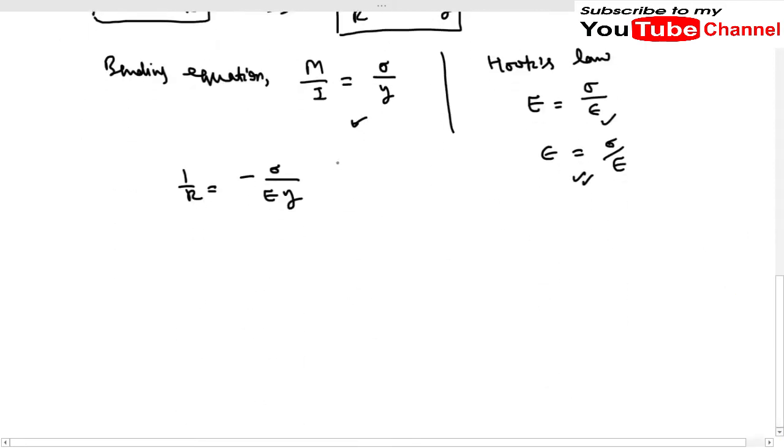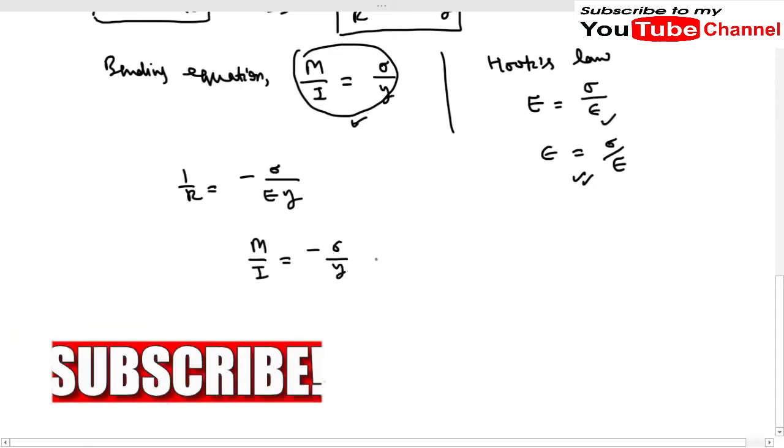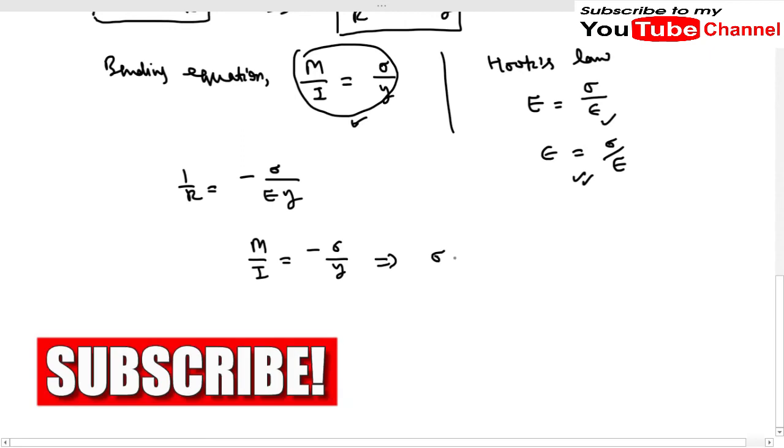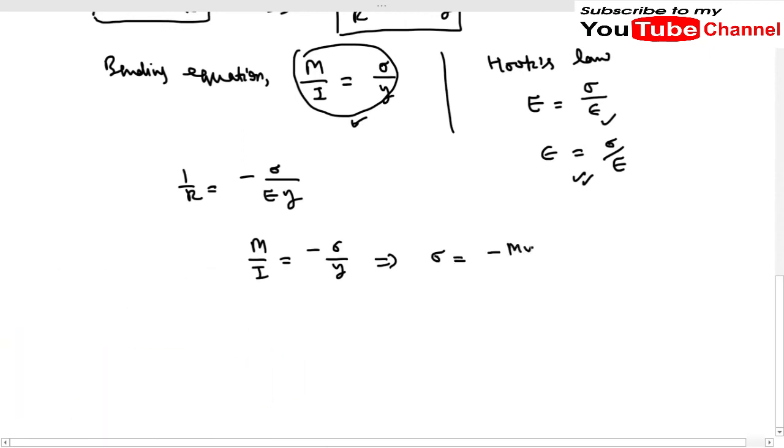So from this bending equation, if we put the negative sign before stress, we get the value of stress as −My by I. Now if we put the value of this stress in this equation, we get −My by EI into y.